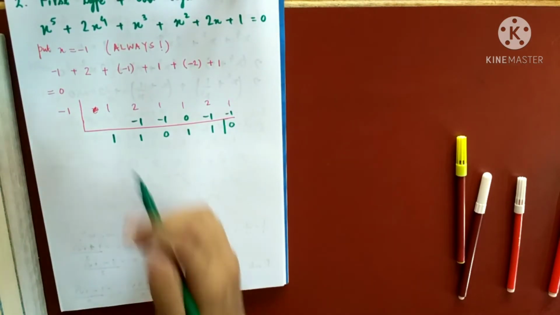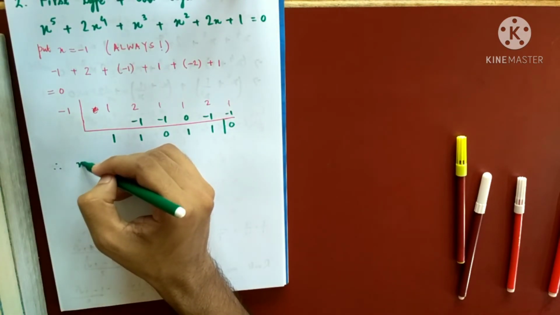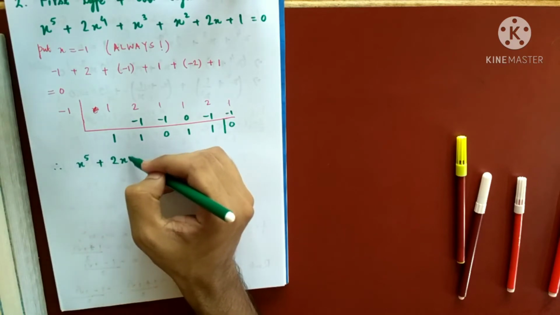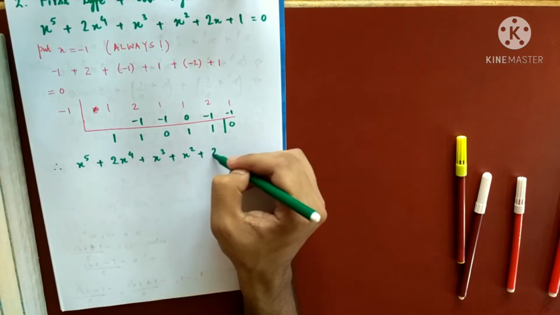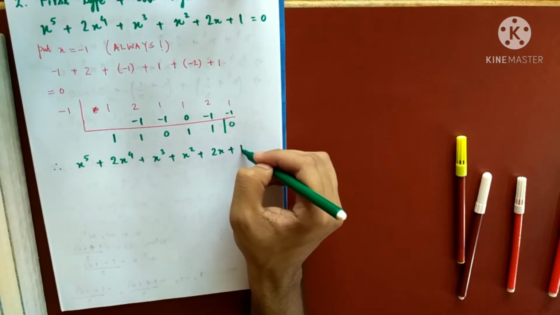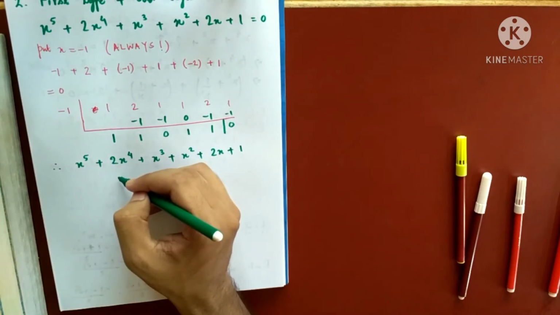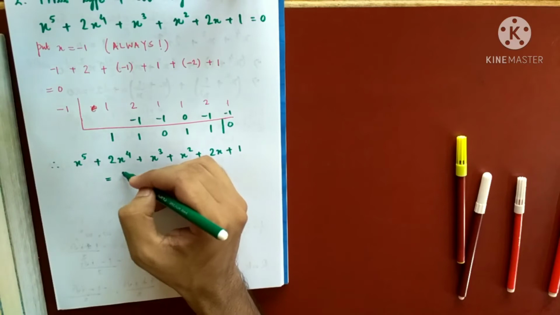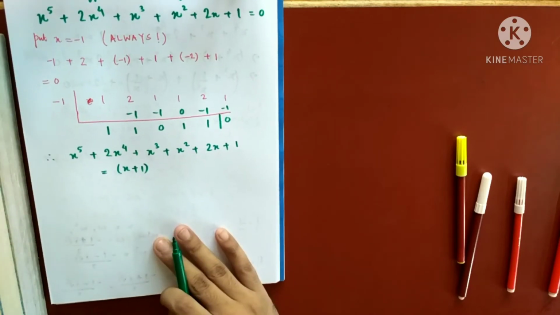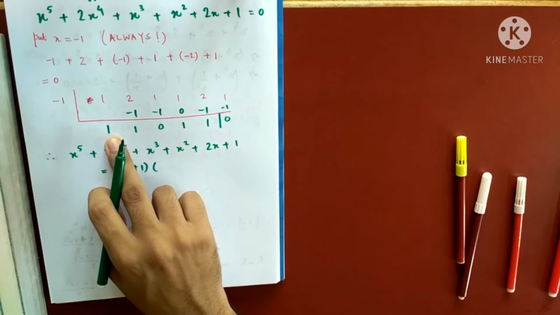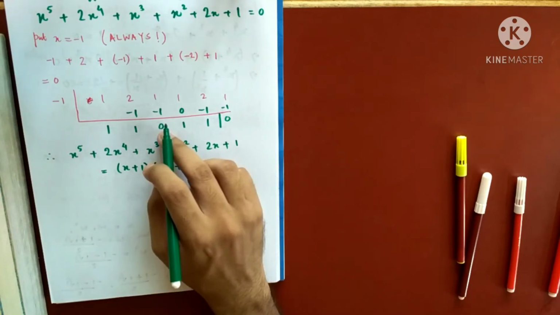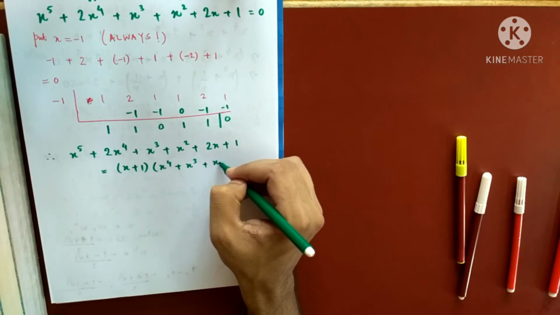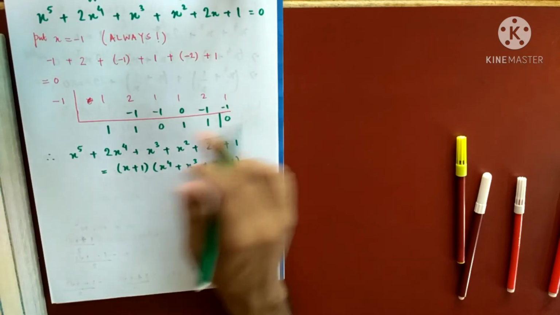So the equation can be written as x plus 1 times the quotient: x to the power 4 plus x cube plus 0x square plus x plus 1, and the remainder is 0.